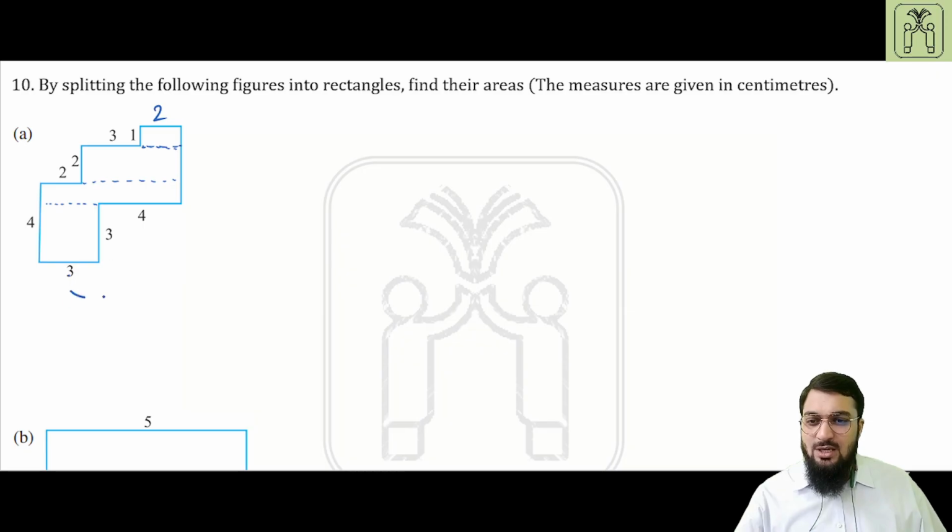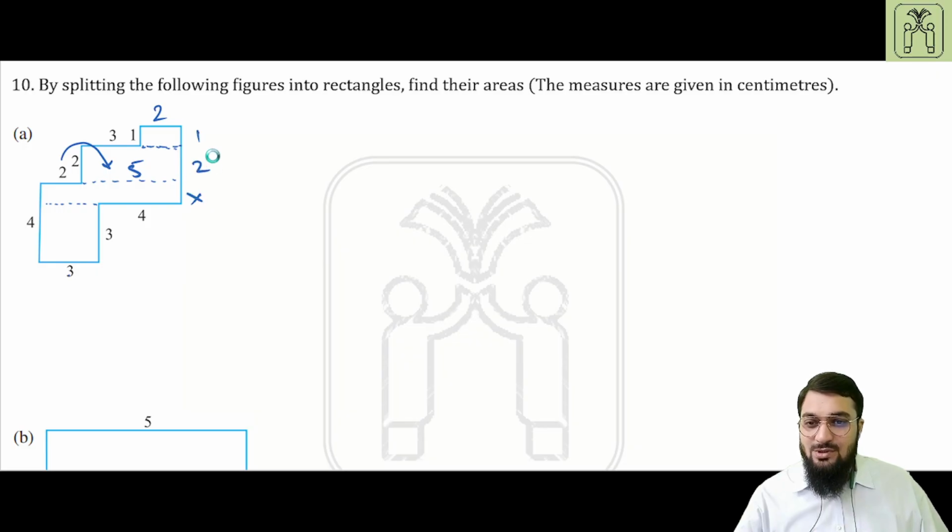So again 3 plus 4 and 2 plus unknown are both equal to each other. So 7 minus 2 will give us the answer, that is 5. So this will become 5, and this distance, okay, we'll let it be x.